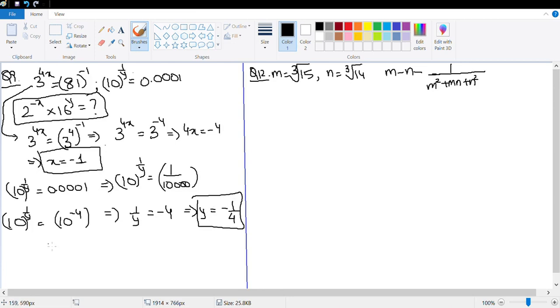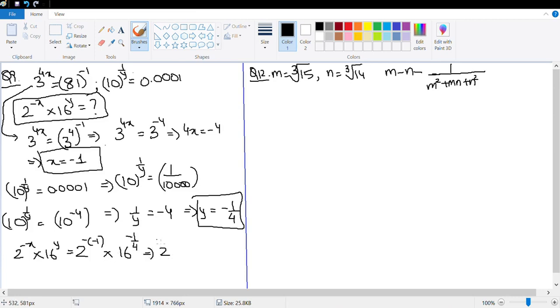Let's see what they want me to calculate. They want me to calculate 2 to the power negative x multiplied with 16 to the power y. Let's replace values. 2 to the power negative of negative 1 multiplied with 16 to the power negative 1 upon 4.